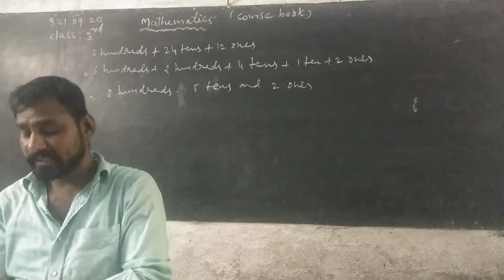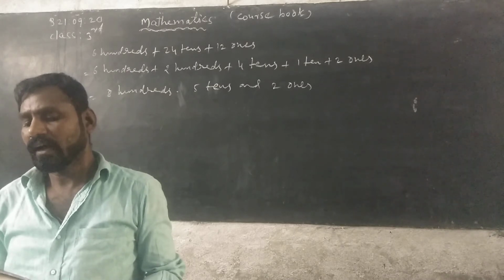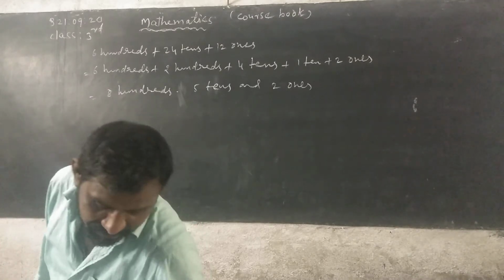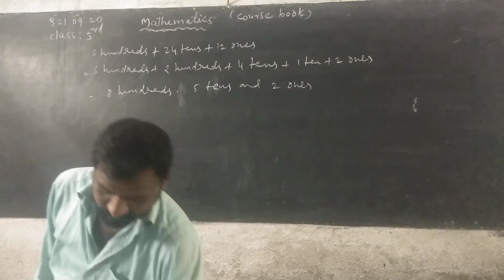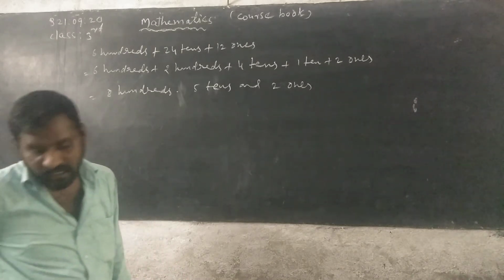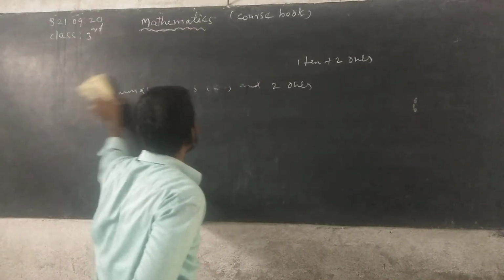Now we shall learn the addition of 4-digit numbers by carrying. Already you know, write the numbers column wise according to their places. So first of all, we write the given numbers.